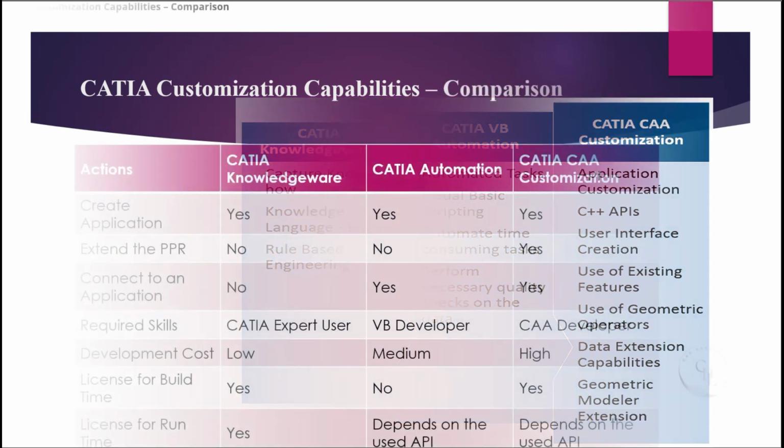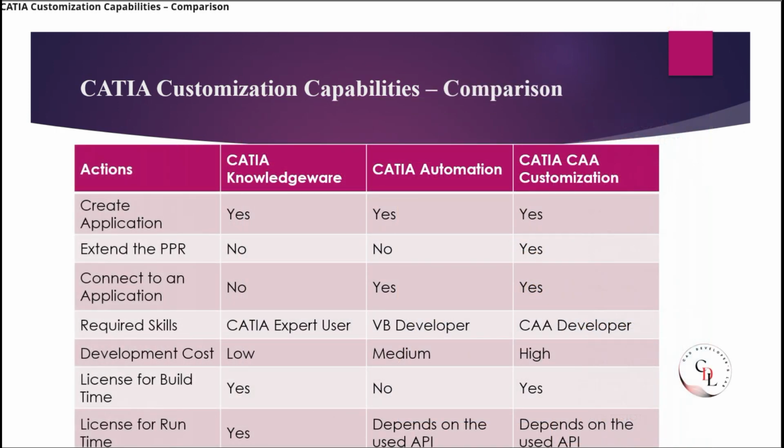So this is a brief comparison of knowledgeware, CATIA Automation and CATIA CAA Customization. Here we can create a new application in knowledgeware, in CATIA Automation, and in CAA as well. Extend the PPR: in CATIA knowledgeware, we cannot extend PPR.